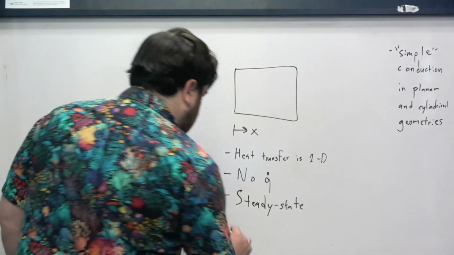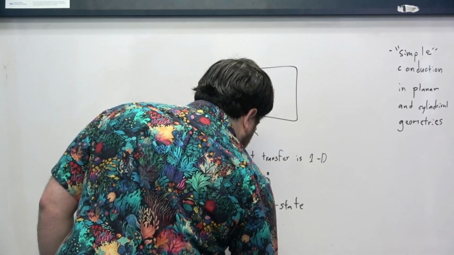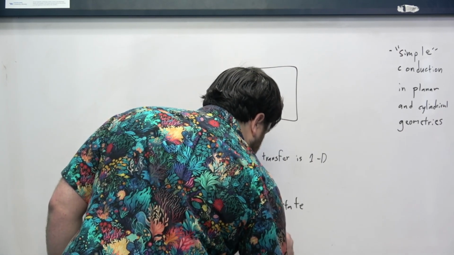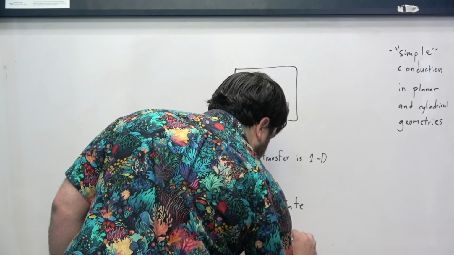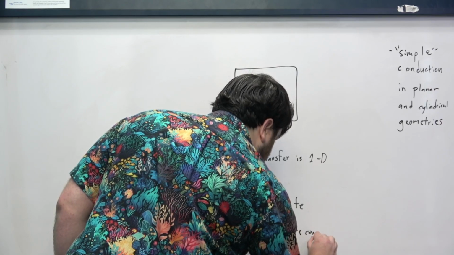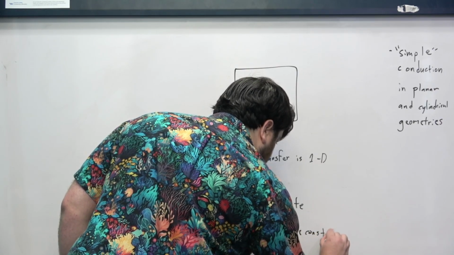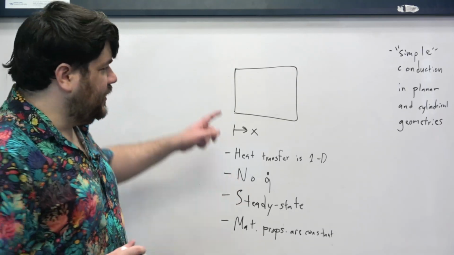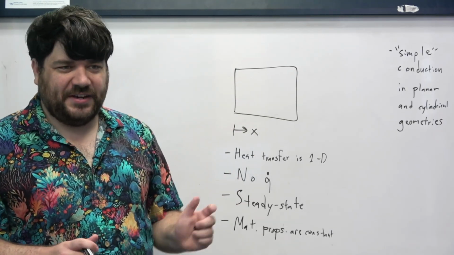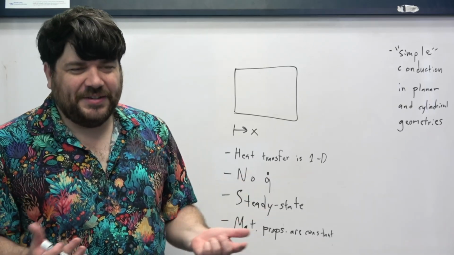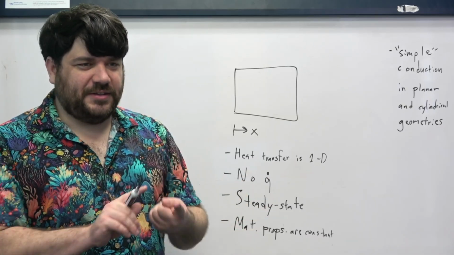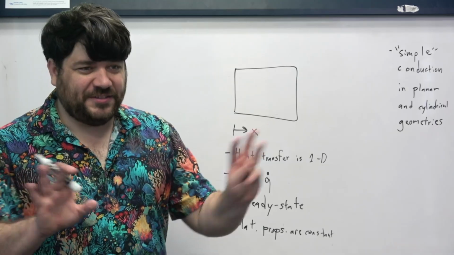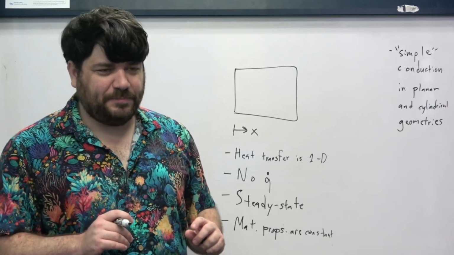Okay? And then last but not least is that those material properties are constant. All right? So the thermal conductivity, the specific heat capacity, the density, everything about this material that is a material property is constant. It doesn't change in space, it doesn't change in time, it doesn't change with temperature or anything like that.